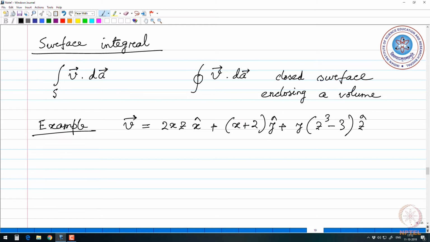We are supposed to perform this surface integral over 5 sides of this box, excluding the bottom one. So let's draw the picture first.